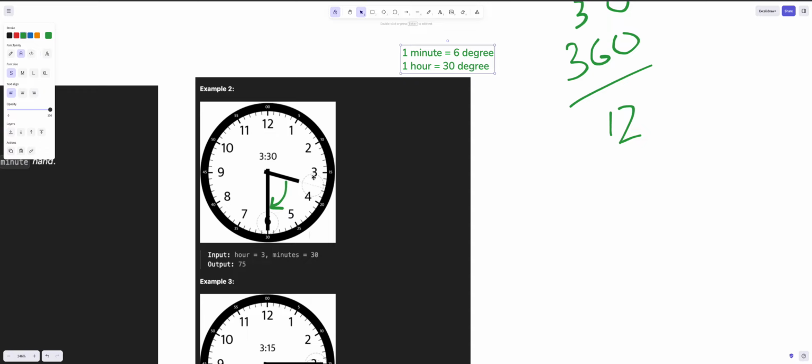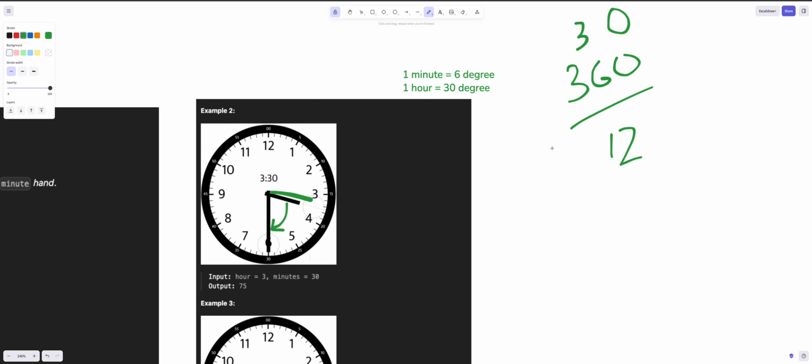The hour hand is definitely not exactly at 3, and not yet at 4. It's probably somewhere in between 3 and 3.5, I would say. So we need to consider how many degrees it will move.